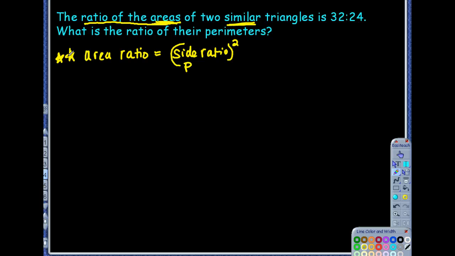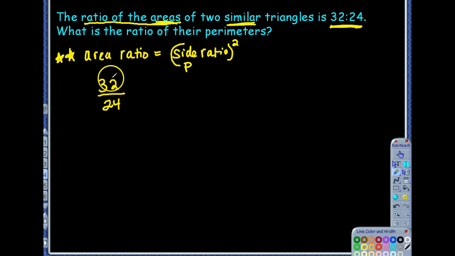Now, notice this time, what are they giving us? They're giving us the area ratio, so now we're working backwards. I'm going to write it as a fraction. And I want to stress something about this one, okay? A lot of times people struggle with this one for a couple of reasons. I know you're thinking backwards.